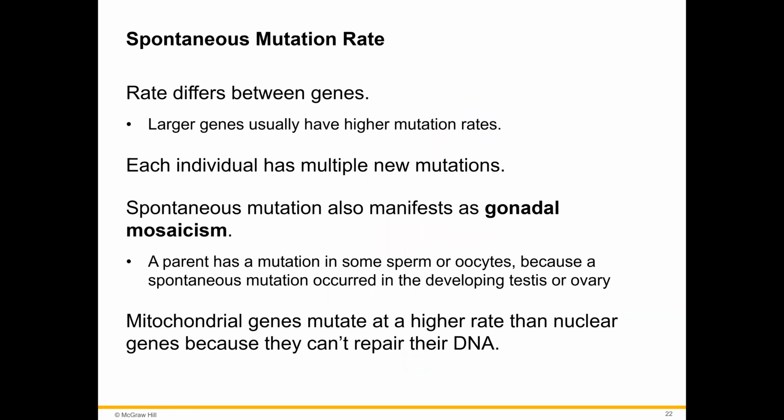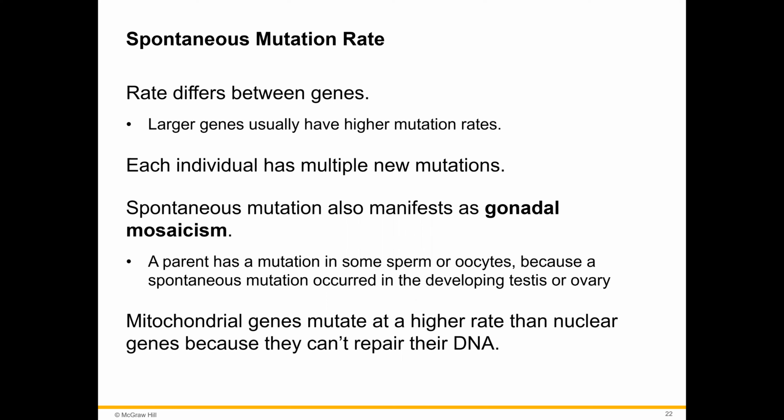Spontaneous mutation can also happen in sperm and eggs, and males produce millions of sperm. Some of the sperm might carry mutations, some might not. The same with females. So we make several oocytes every month, and 1 or 2 oocytes survive and might be fertilized.